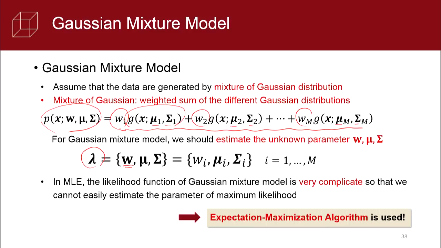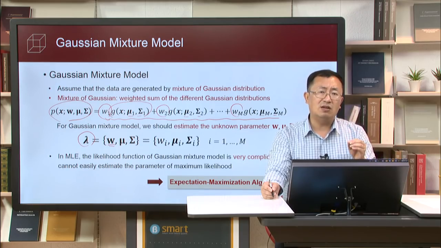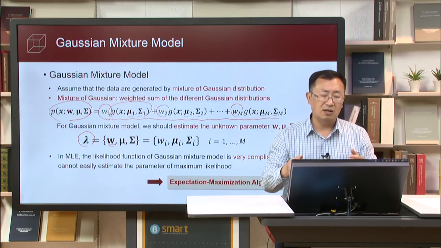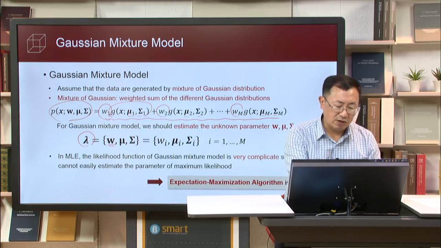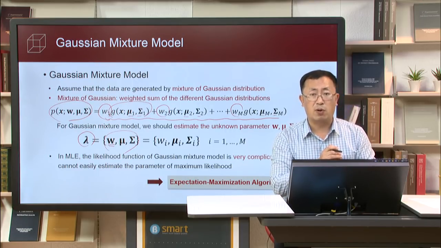So basically, we try to estimate the unknown parameters W, mu, and sigma, which are the parameters of the mixture of the Gaussian. And still, we can apply the same logic. What I try to say is we try to define the likelihood function for the mixture of the Gaussian, and then by solving it, probably we can find the maximum likelihood estimation of these parameters.